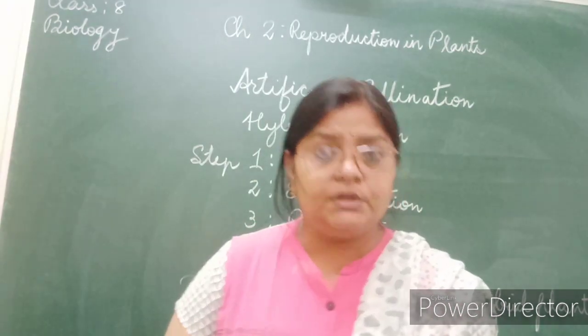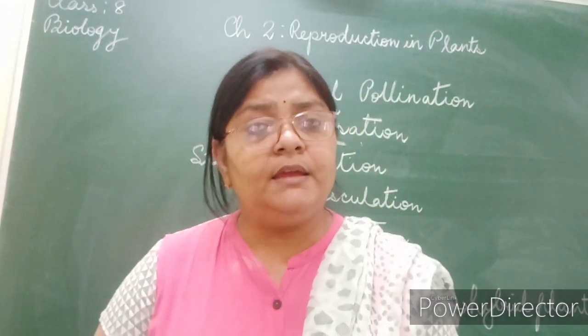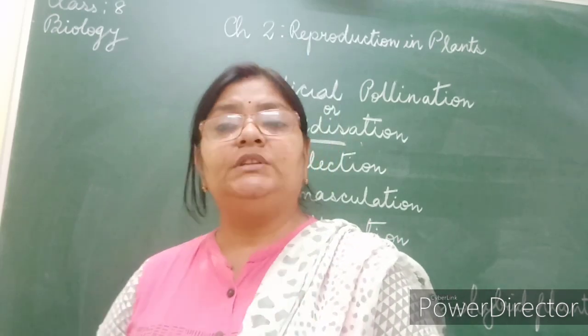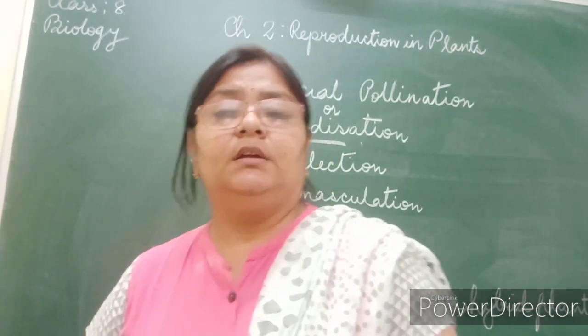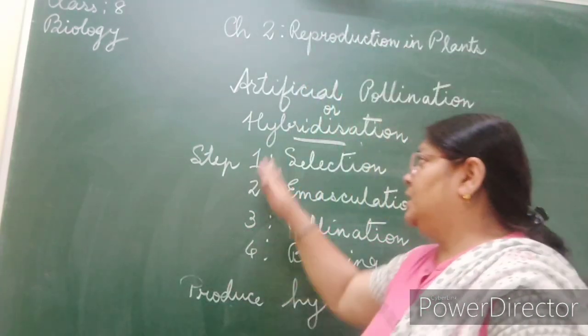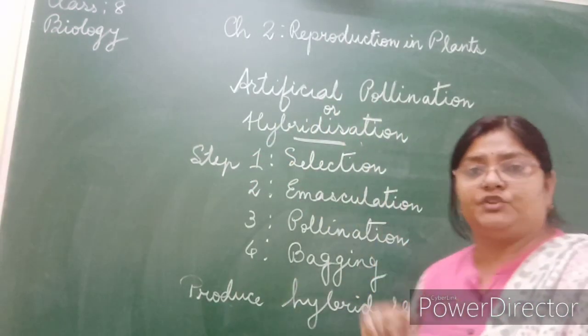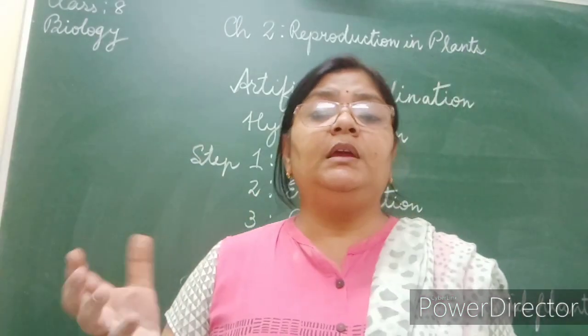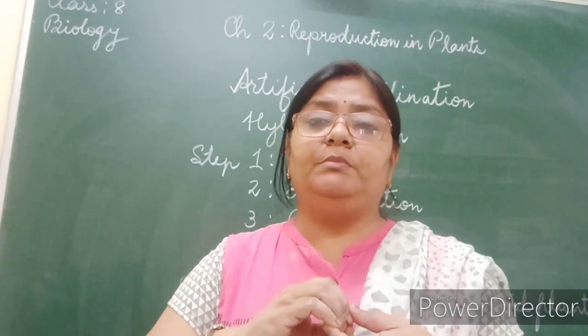Artificial pollination or hybridization. Now this process has a few steps in which we get the target produce that we need. Number one, selection. The plants are selected whose characters need to be mixed.